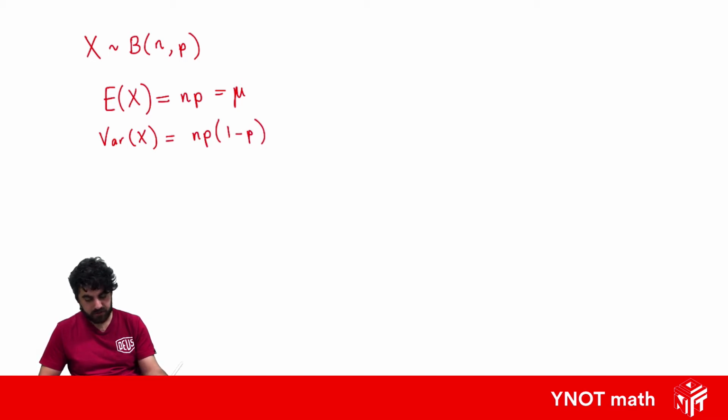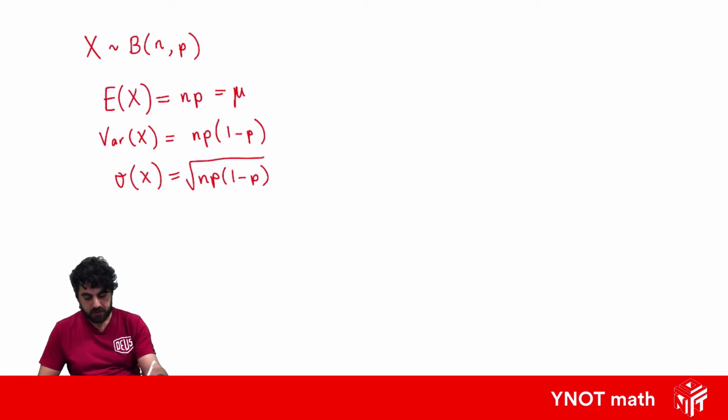And then we just get our standard deviation being the square root of our variance, which is just the square root of np all times 1 minus p. And how can we use these in some examples?